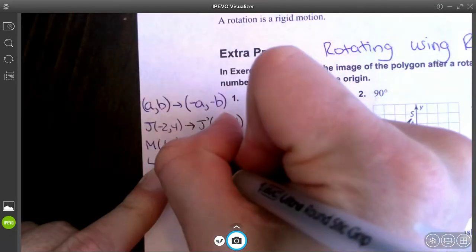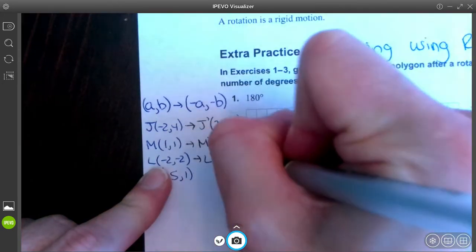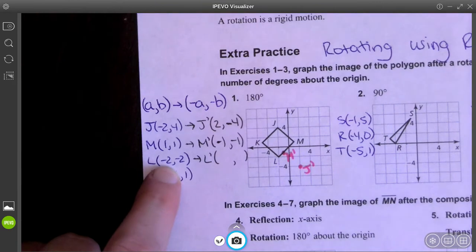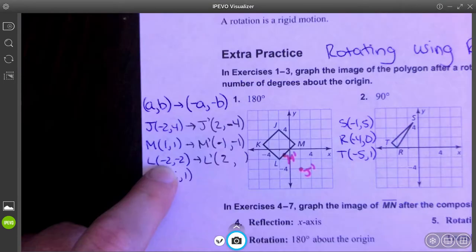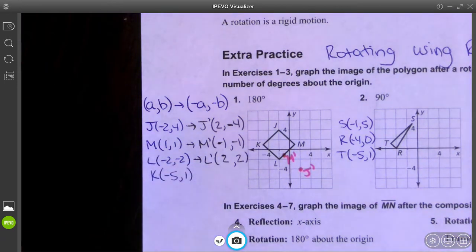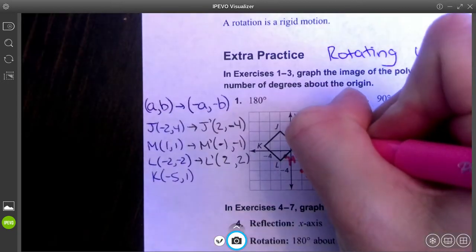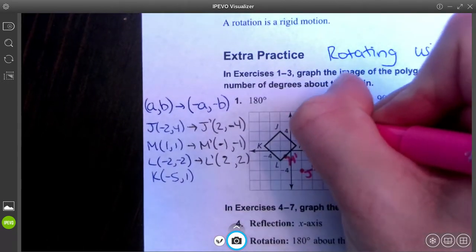L, I'm going to apply the rule to point L to get L prime. The opposite of -2 is +2. And the opposite of -2 is +2. So L prime is located at the point 2, 2. That's here.